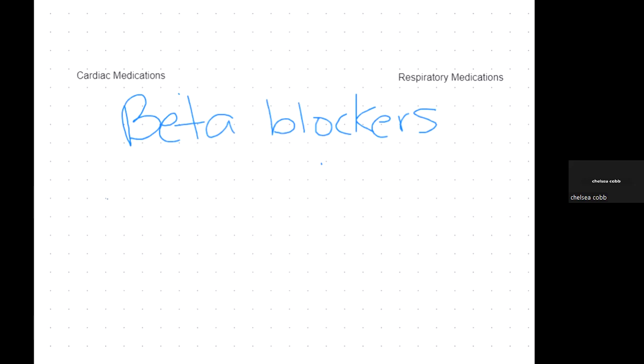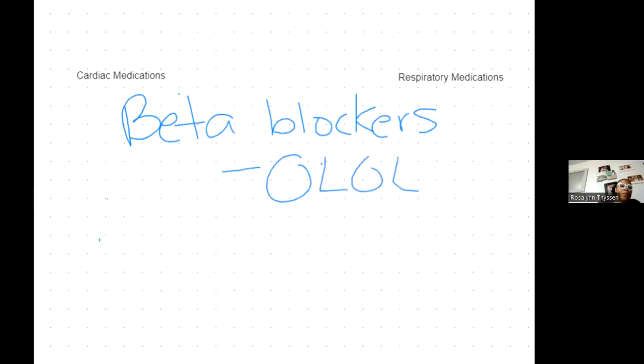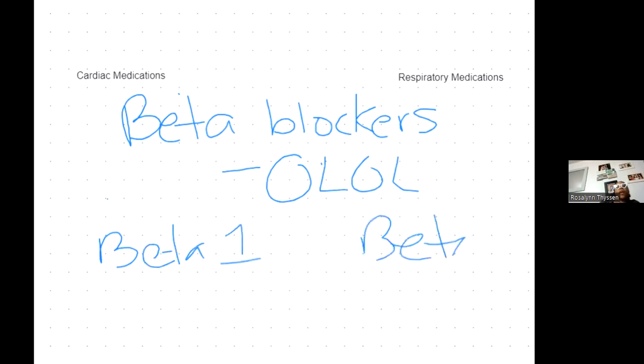All right. So beta blockers, what's that suffix? OL. Olol. All right. We talked about how we may have beta 1 blockers and beta 2 blockers. If it's only beta 1, what do we also call that?